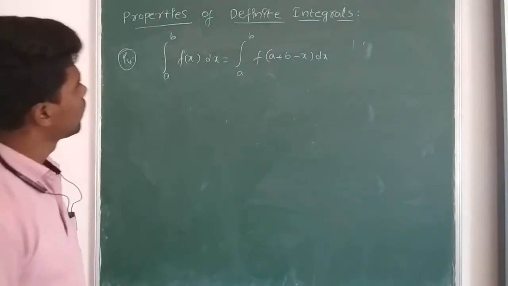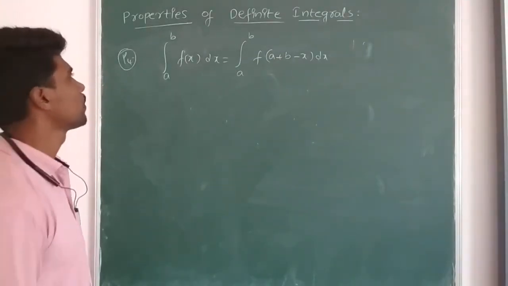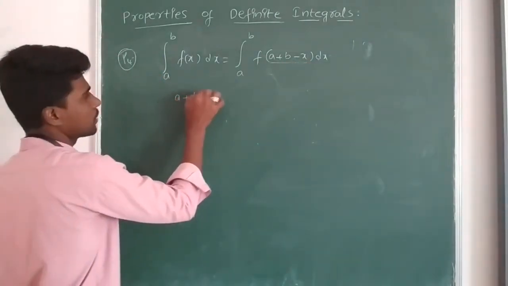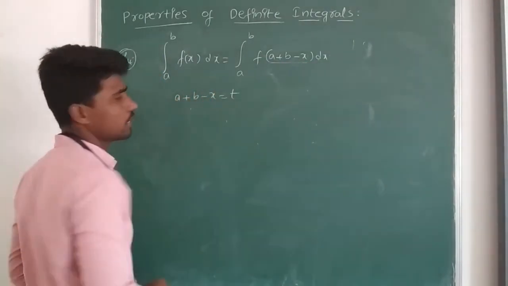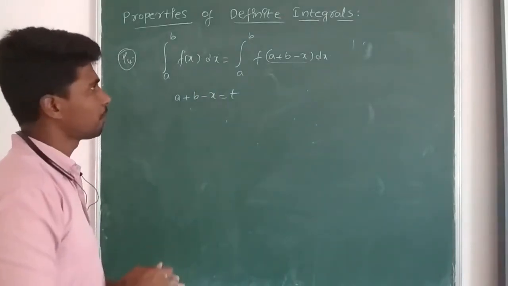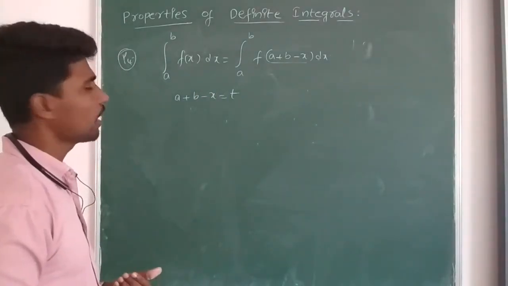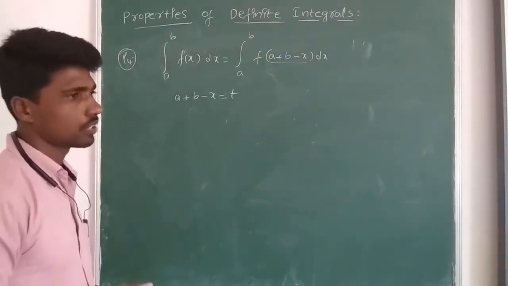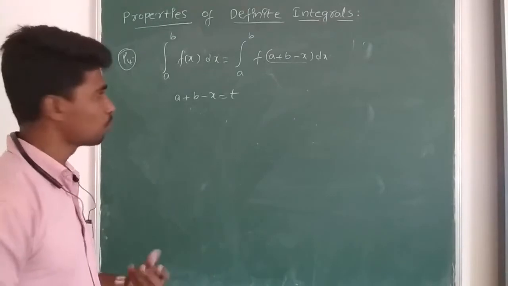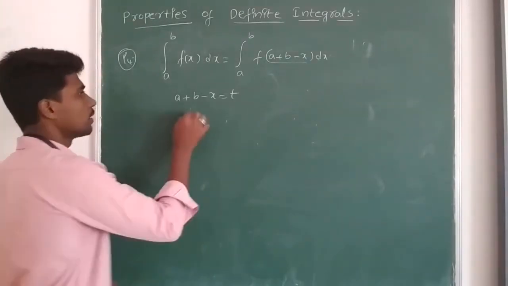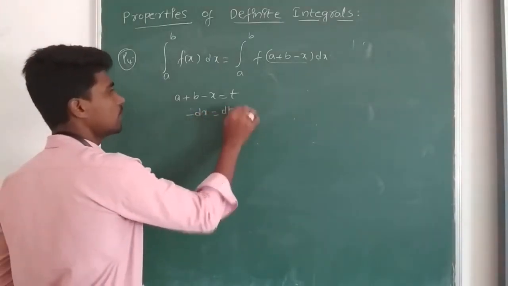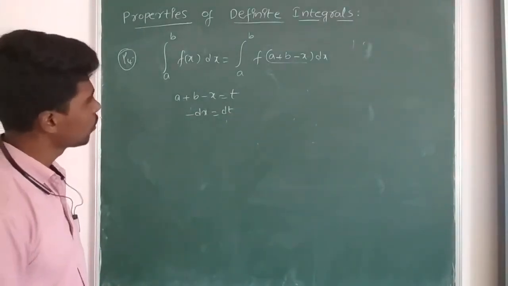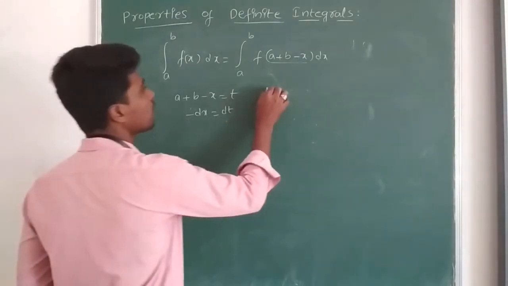To prove this one, I consider a plus b minus x as a constant t. If I differentiate both sides, I get minus dx as dt. Now what are the limits of t?